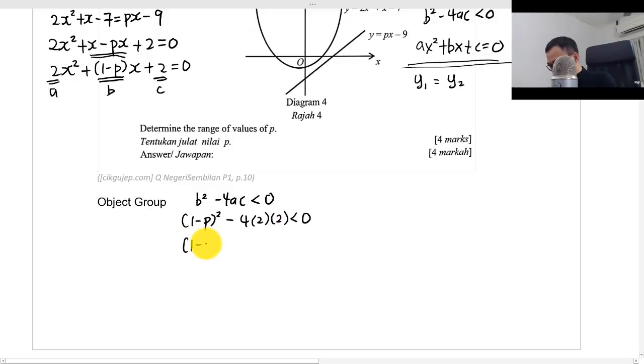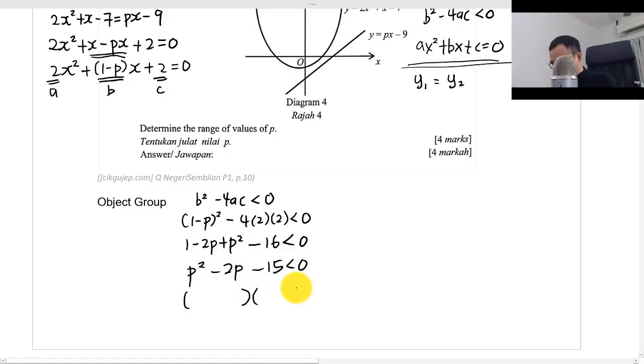Then you just expand it: 1 minus 2p plus p squared minus 16 less than 0. Then minus 15 less than 0, and you factorize it into two brackets: (p minus 5)(p plus 3).